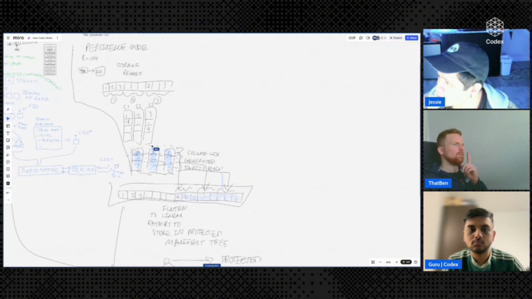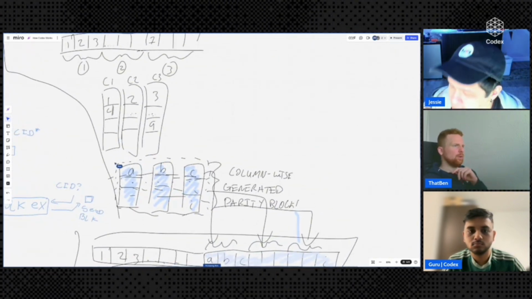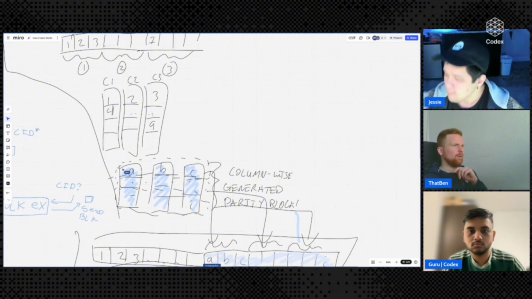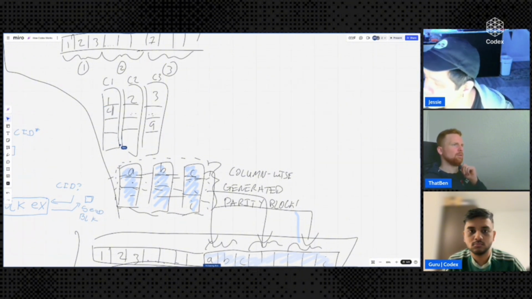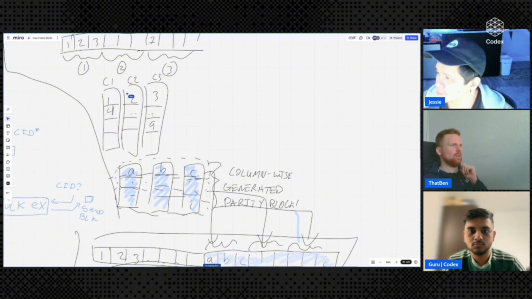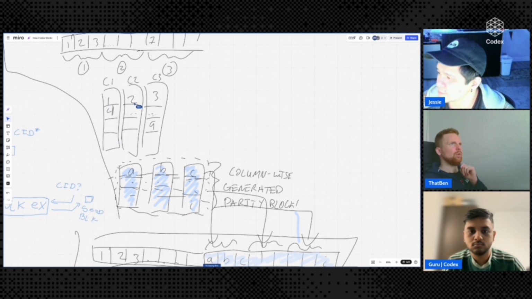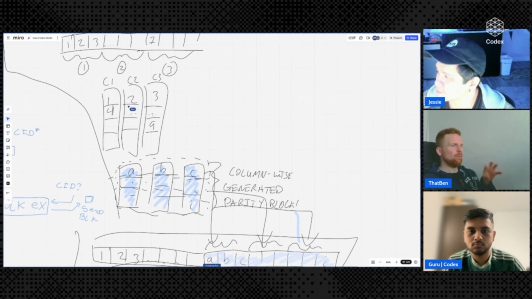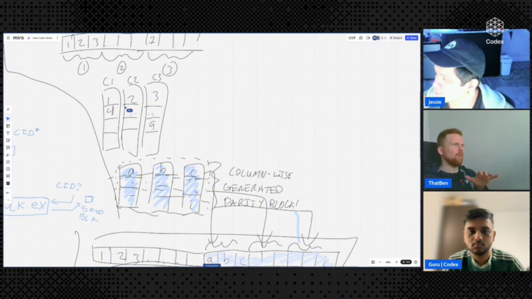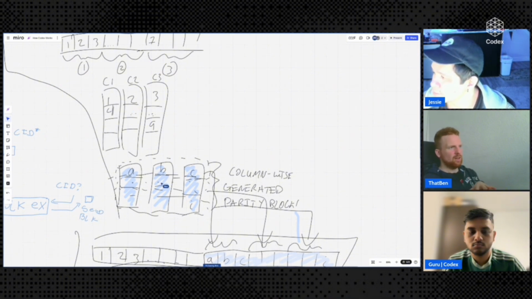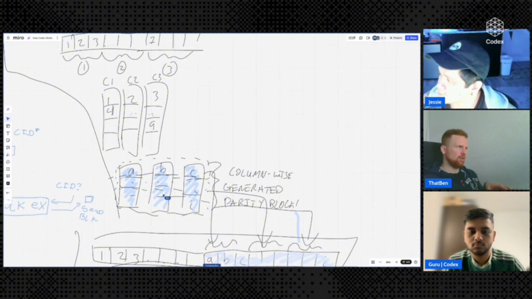How it works is, looking at the erasure coding columns, this column of parity data only protects the first column of original data, and the second column only protects the second column of original data. So when we shuffle the blocks across the hosts, it's very important that the parity data for a column is in a different place than the original data of that column.